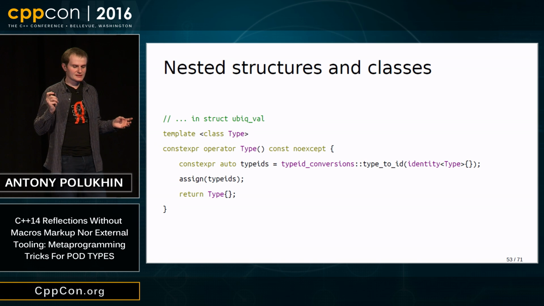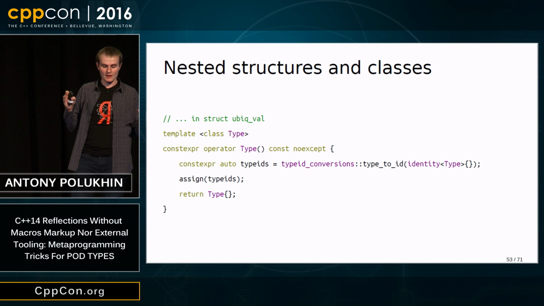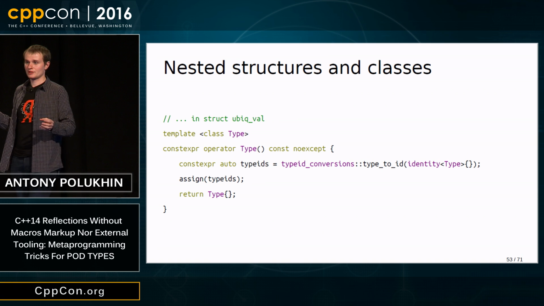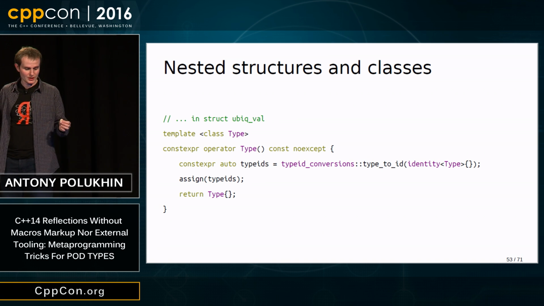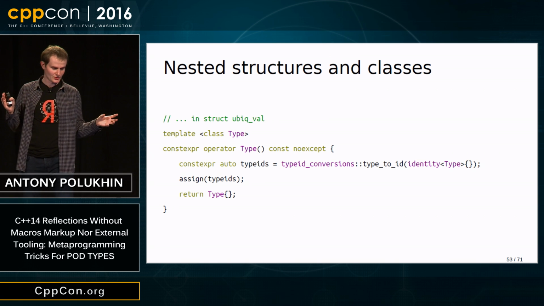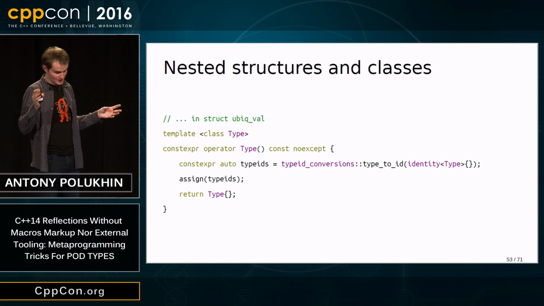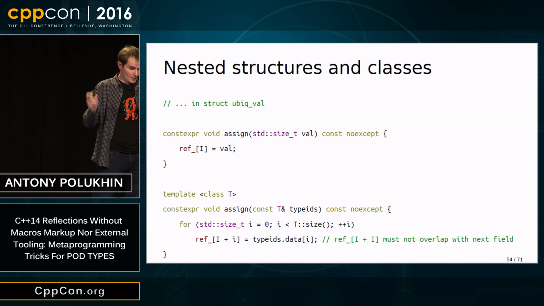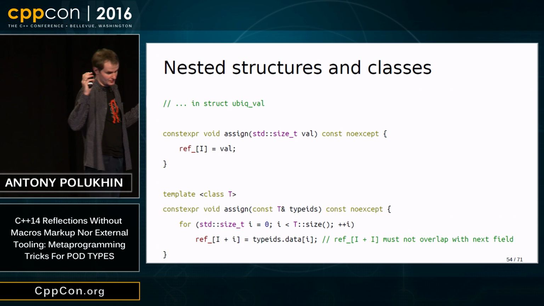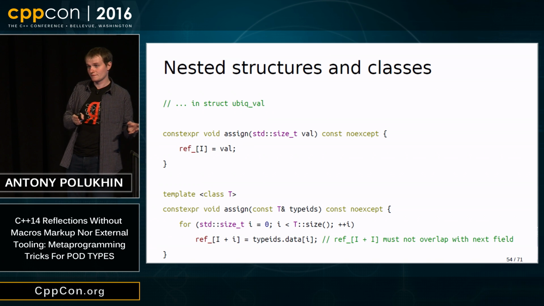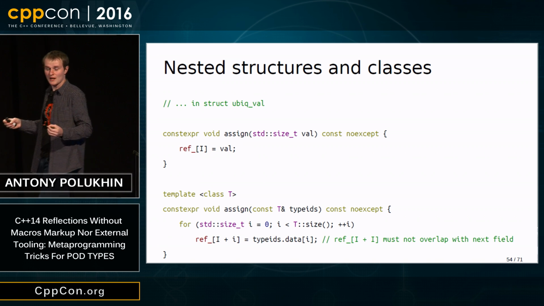We need to fix our UBIQ structure again. This time, we change the implicit conversion operator so that it can work with arrays. Here type IDs could be an array. After that, we call a member function assign. There are two member functions assign. The first member function works with size_t and just outputs that identifier into the output variable.